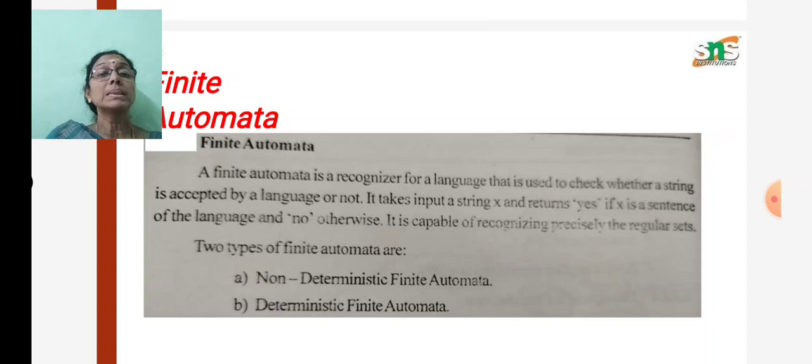The finite automata is classically divided into two types. One is the non-deterministic finite automata and the second one is the deterministic finite automata. This classification is done based upon the input symbol's transition to the next state.